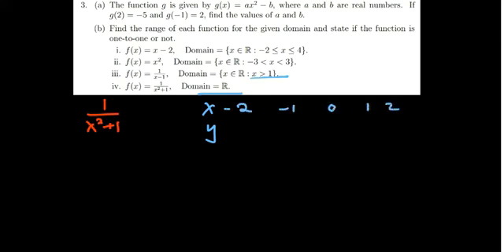Expect -1 and 1 on opposite sides to give us the same result. If I put a 0 where there is x squared, I'll just have 0 plus 1, which is 1. 1 over 1 will give us a 1.